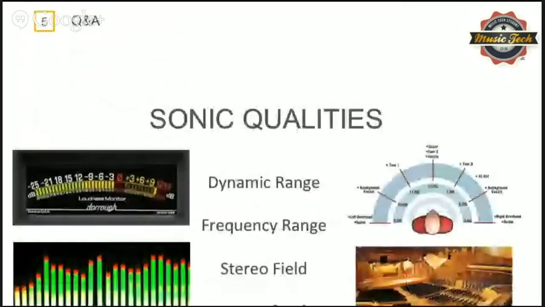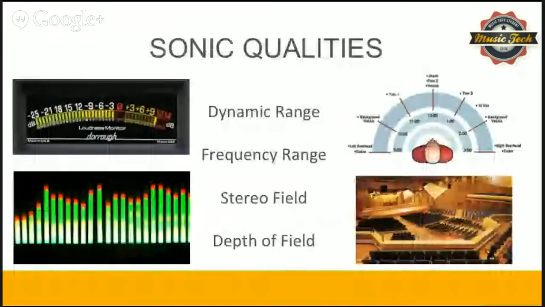So first off, the sonic qualities. So what are the sonic qualities? The dynamic range. When you think about dynamics, you're thinking about loudness. You're thinking about how loud your mix can possibly get. And this has to be sculpted. There's many ways of dealing with loudness.